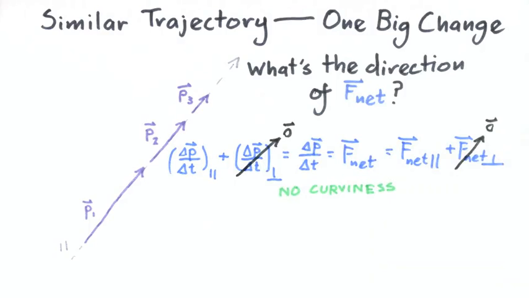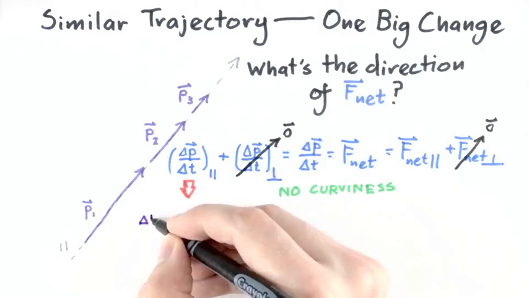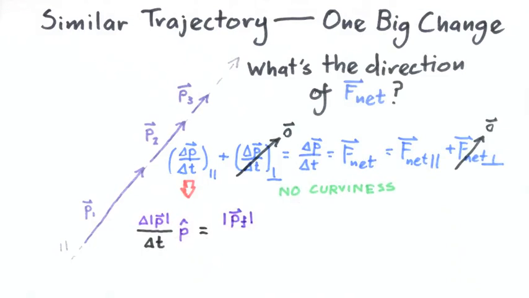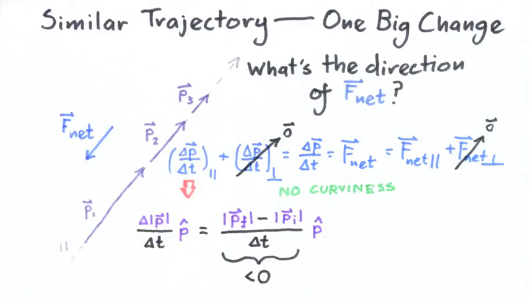For the parallel direction, if you follow the same steps we outlined earlier in the lecture, delta magnitude of p over delta t is negative, so that delta p over delta t parallel points opposite to the direction the object is moving. And therefore, by Newton's second law, so must Fnet parallel. And since Fnet perpendicular is 0, Fnet is equal to Fnet parallel, and so must also point opposite to the direction of motion in this particular case.